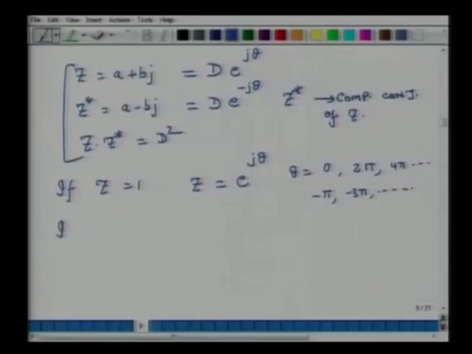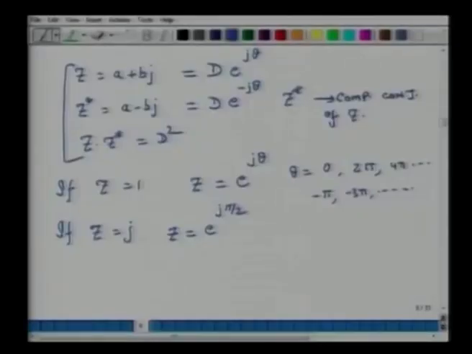Similarly, if z equals j, which is a unit length along the imaginary axis, then in the complex plane z could be represented as e^(j pi over 2). So if theta is minus pi, then z is minus 1.